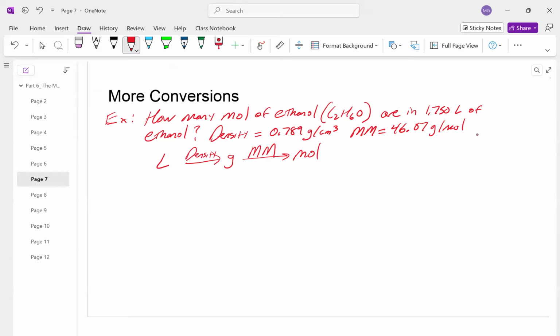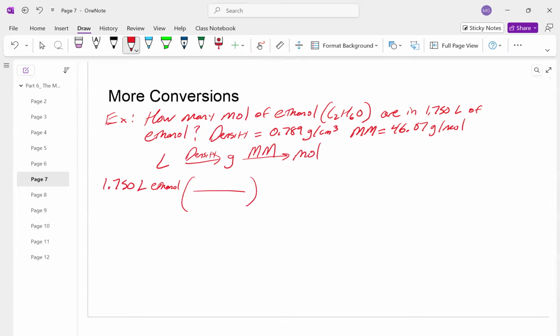All right, so the only thing that I'm given that's not a conversion factor is 1.750 liters of ethanol. Okay, I know I need to use the density at some point, but my volume is in liters. The volume and the density is in cubic centimeters. So I've got to do some converting here.